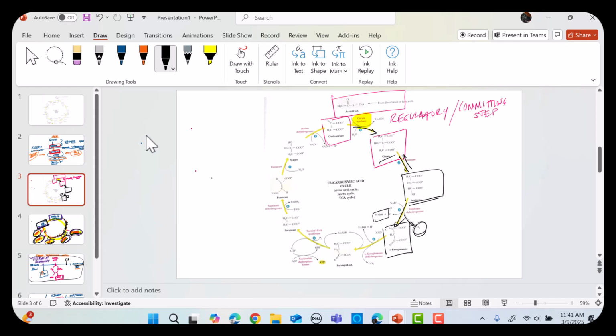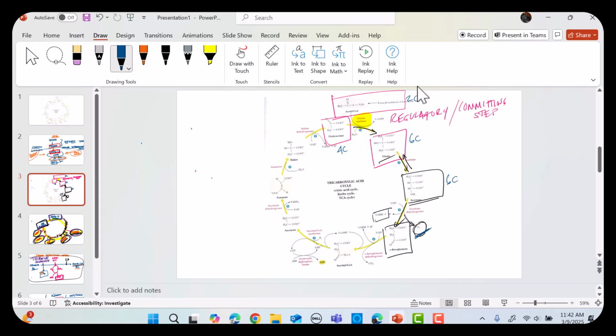But let's talk about the carbon dioxide for a second. We said we have 2 carbons in an acetyl-CoA. I condense that with a 4-carbon oxaloacetate, meaning I put them together. That gives me a 6-carbon citrate. I rearrange by dehydrating and hydrating my 6-carbon citrate into 6-carbon isocitrate.